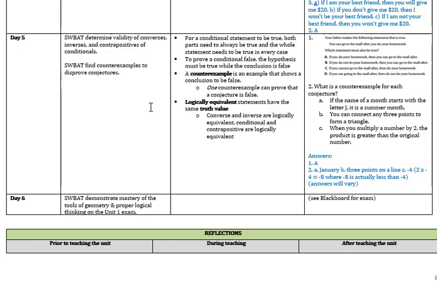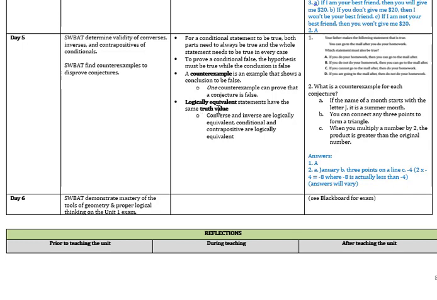I'm like, hold up, a counterexample is a thing. A counterexample could be a cat. A counterexample could be a chair. A counterexample is not a sentence, it's not an explanation, it's just a thing. So make sure you drill that, because counterexamples can be confusing for students.